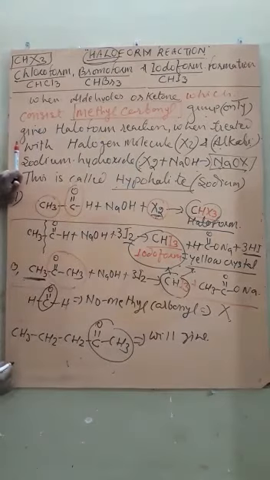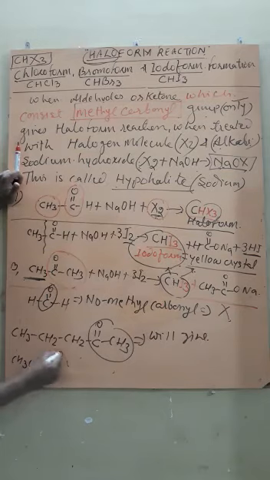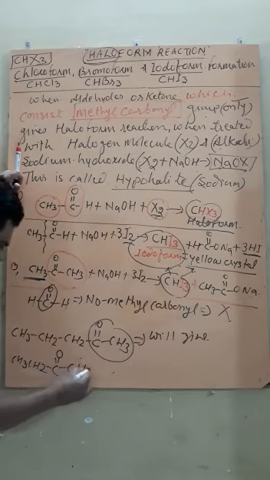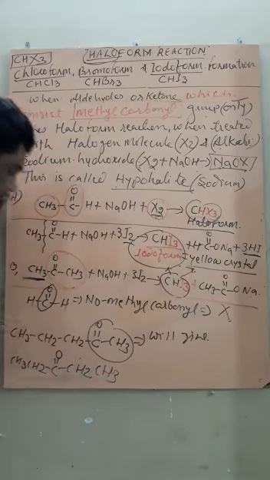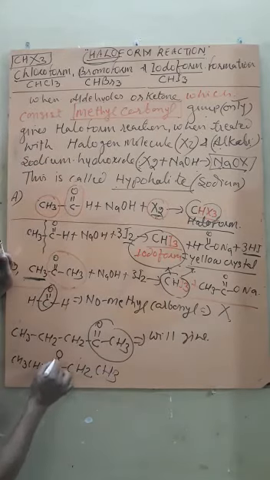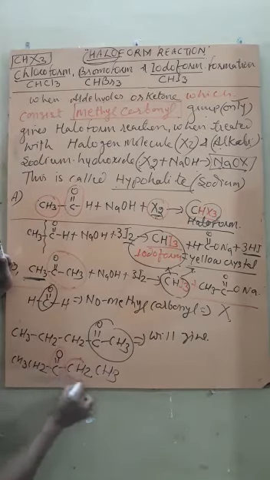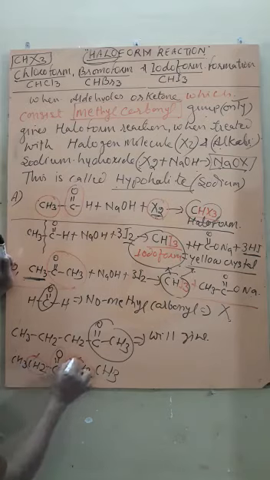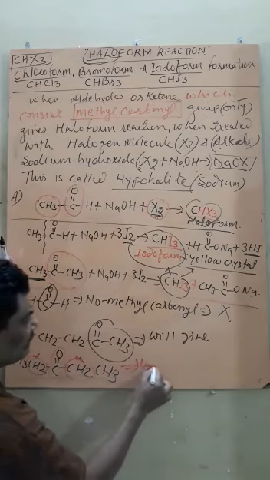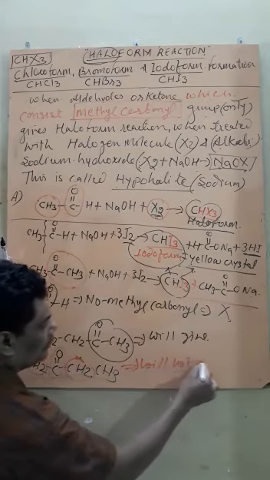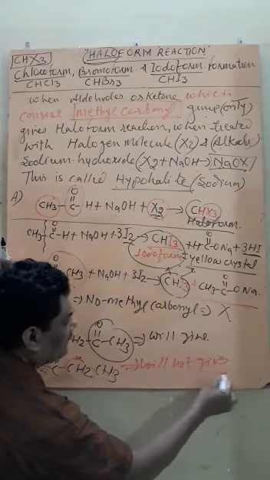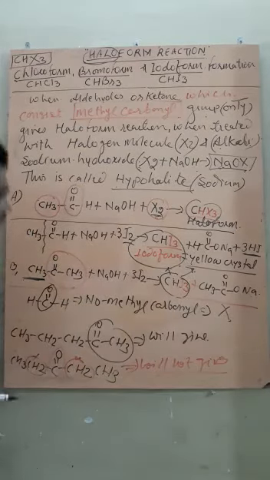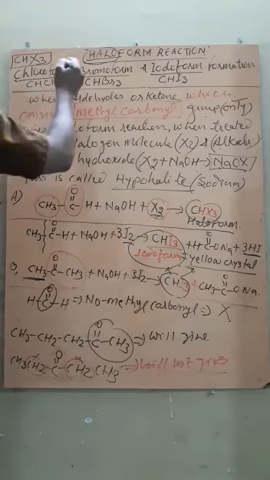But if we say CH3 CH2 C double bond O CH2 and CH3, in this compound the carbonyl group is not attached to the CH3, therefore this compound will not give the haloform reaction.